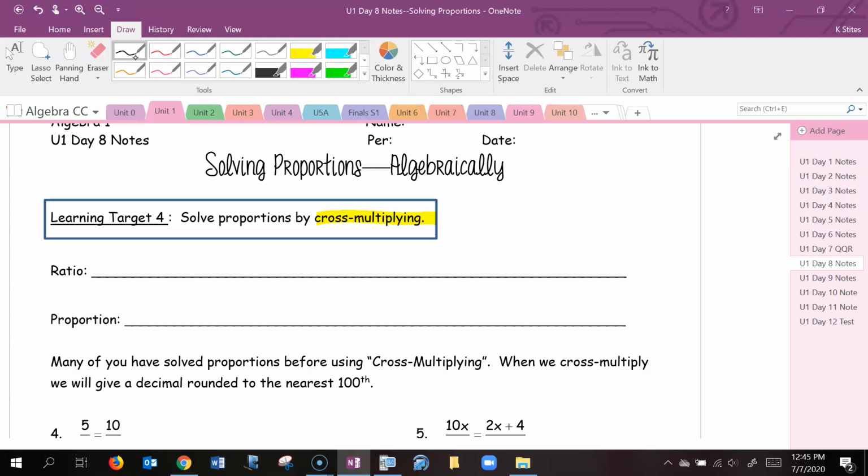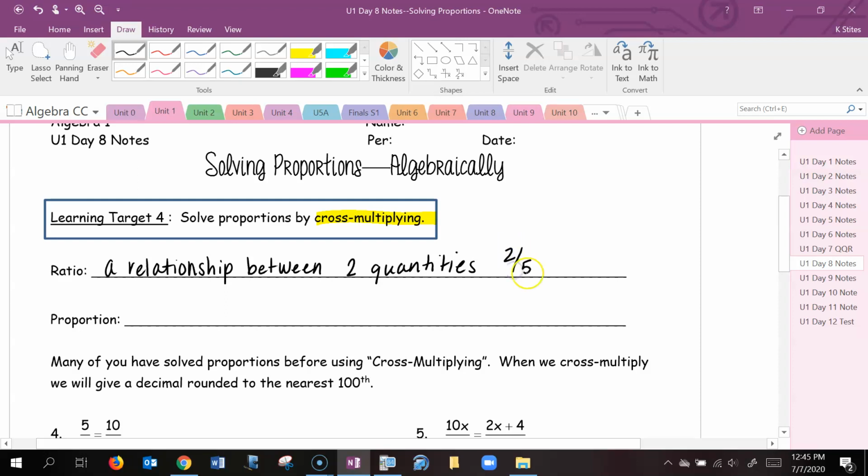First things first, we're going to give you two definitions because these are words that are important when we're solving proportions. A proportion has to do with something called a ratio, which is a relationship between any two quantities. Now, we see this most of the time as a fraction.